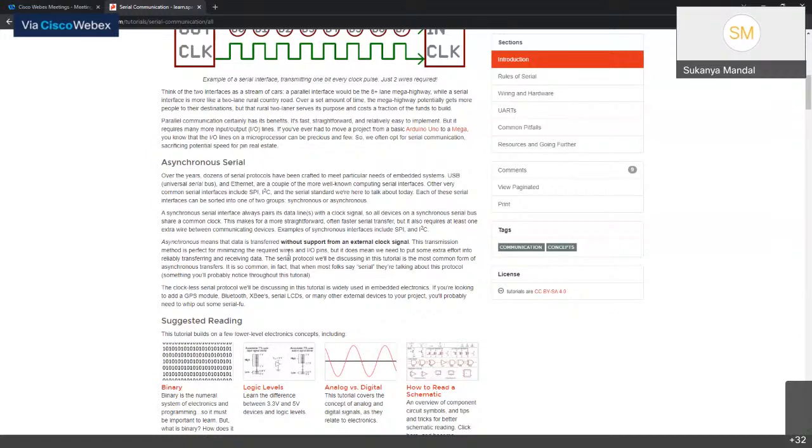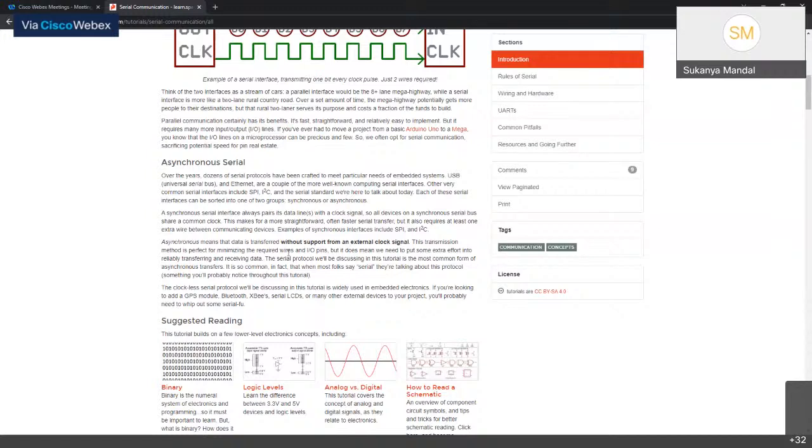Each of these serial interfaces can be sorted into two groups: either synchronous or asynchronous communication. What happens in a synchronous form of communication? In a synchronous serial interface, it always pairs its data line with a clock signal.